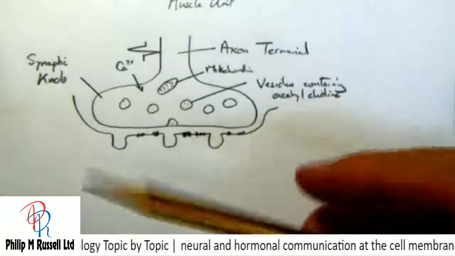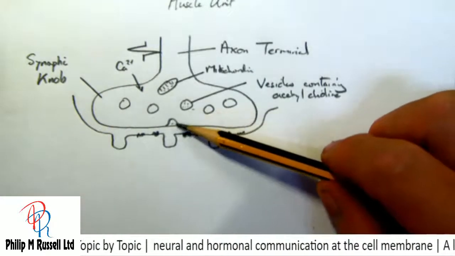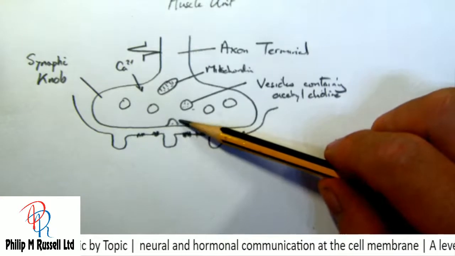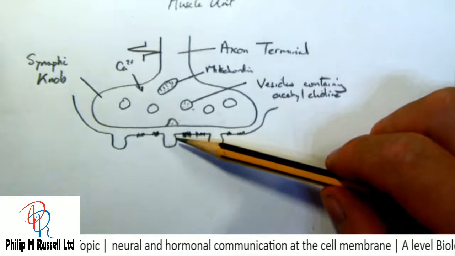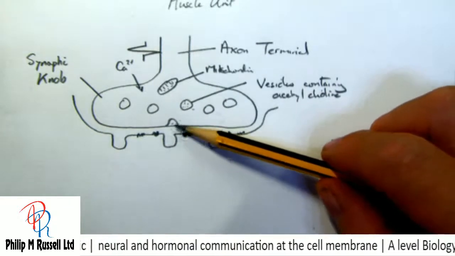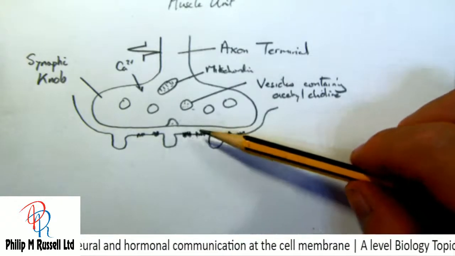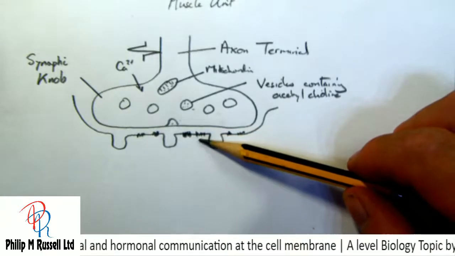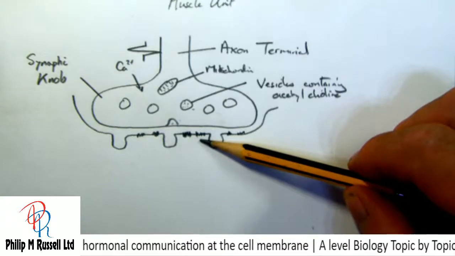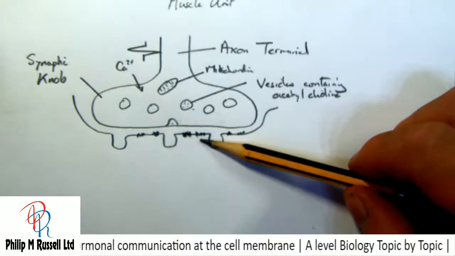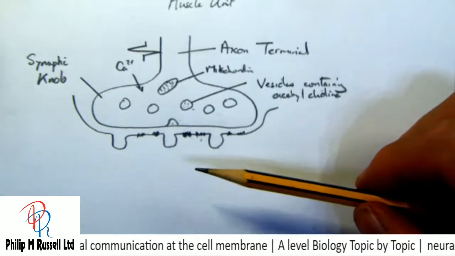They're then going to cause these synaptic vesicles to fuse with the presynaptic membrane. Acetylcholine will be released by exocytosis. It's going to diffuse across the synapse and bind to the receptors on this postsynaptic membrane, the sarcolemma, and that's going to open up these sodium ion channels and result in some sort of depolarization.